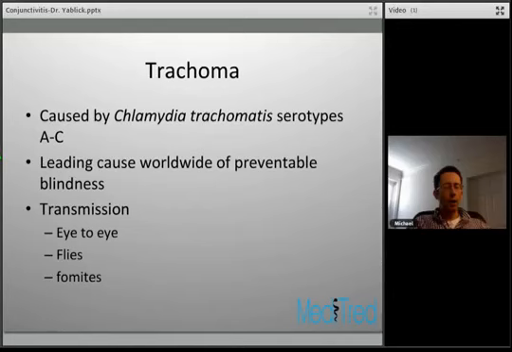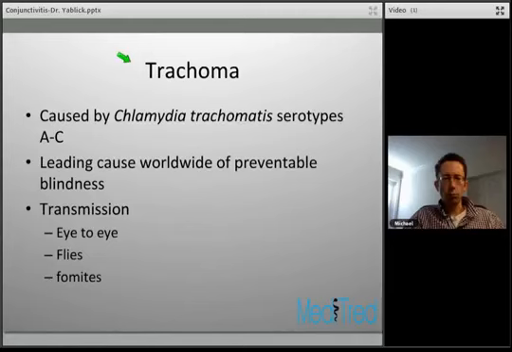The first condition we'll talk about is trachoma, and this is caused by Chlamydia trachomatis serotypes A through C. It's basically a leading cause of worldwide preventable blindness, and so that's why we care about it. It's less common here in the U.S., but it is more prevalent in other countries where they may have sanitation issues.